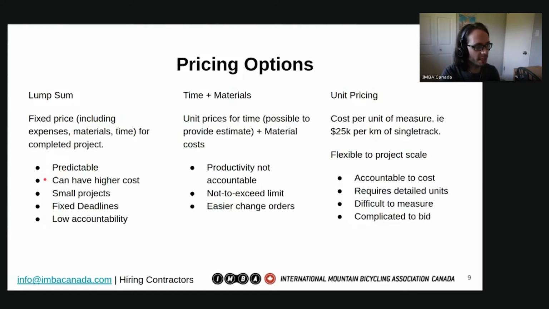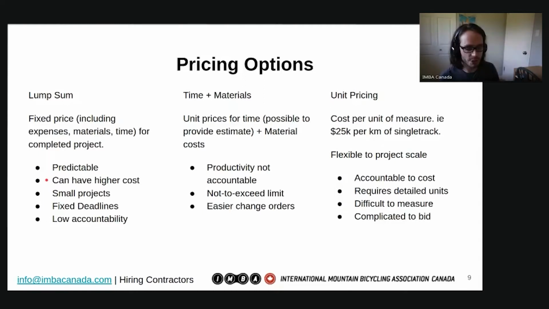But because of that predictability, it usually means that it's going to be a higher cost, because any risk that's built into completing that project, i.e. weather delays and unexpected terrain challenges, or anything else that can substantively change the project, a contractor who's risk averse will be thinking about those risks, and it'll be included in the price of the project.